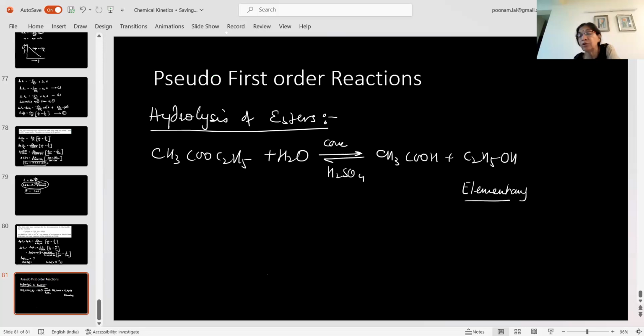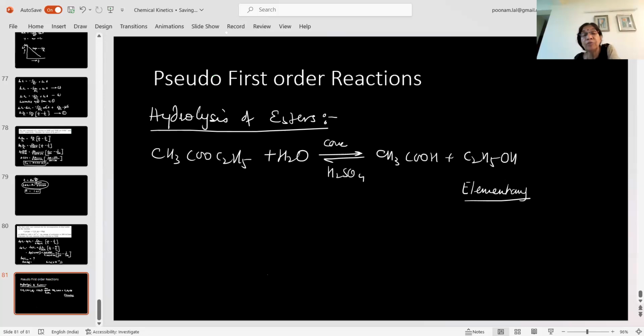Elementary reactions, I told you, are those where the order and molecularity of the reaction are the same. So if it is an elementary reaction, first look at the reaction and tell me the molecularity. Molecularity is the number of molecules which take part in a reaction, which you can make out by looking at a balanced chemical equation.